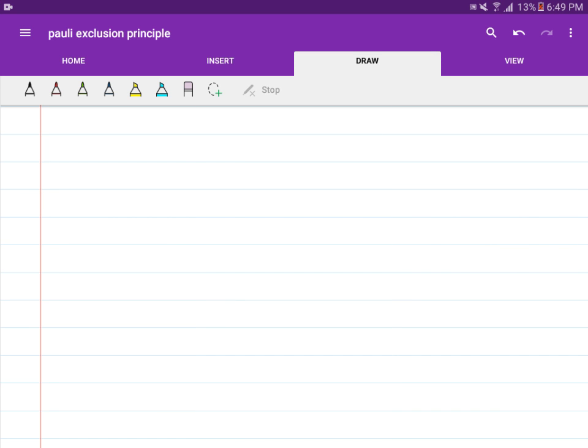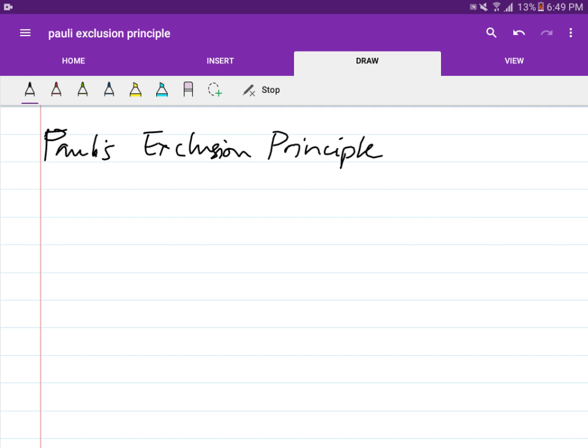So let's first start with the consequences of Pauli's exclusion principle. It says that no two electrons can occupy the same quantum state.